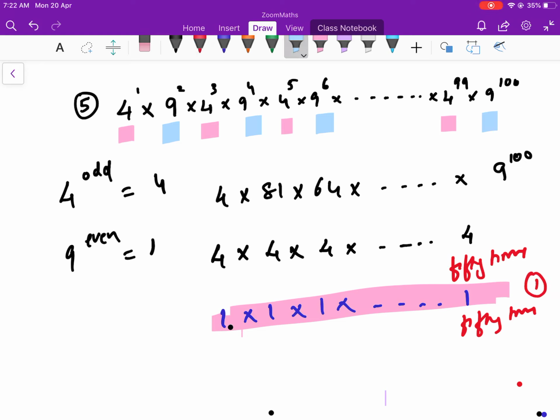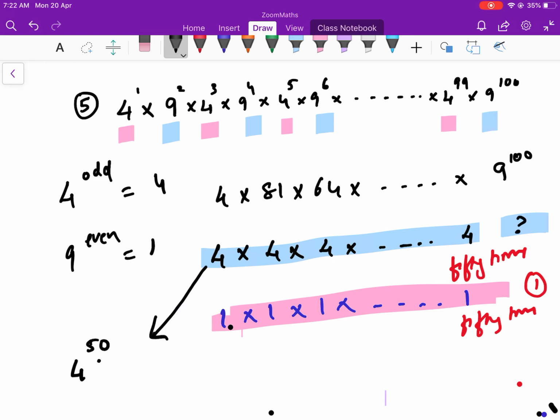But this we have to find out. 4 into 4 up to 50 times, we have to find out what is the solution, because this unit digit will be different. Now this is nothing but 4 raised to 50. Again in the form of 4 raised to 4 into 12 plus 2. Right? 4 raised to 48 into 4 raised to 2.